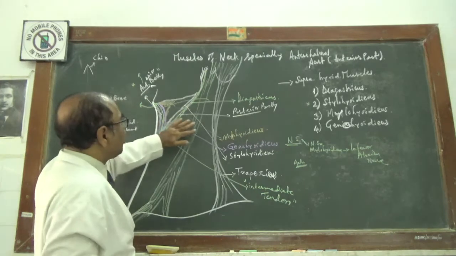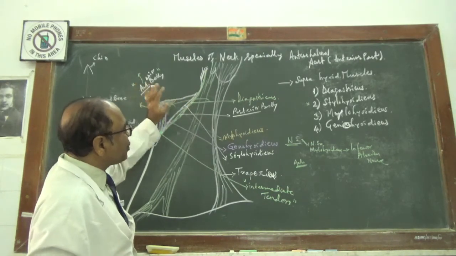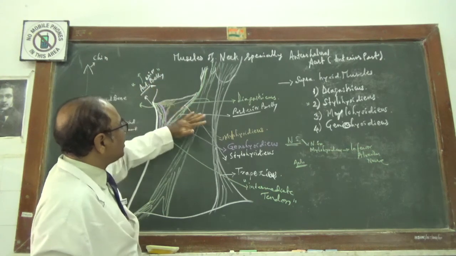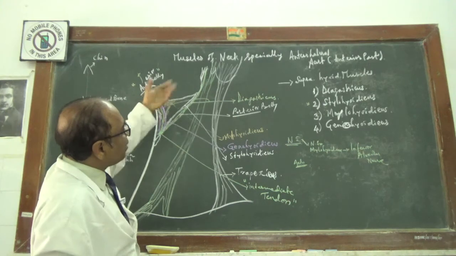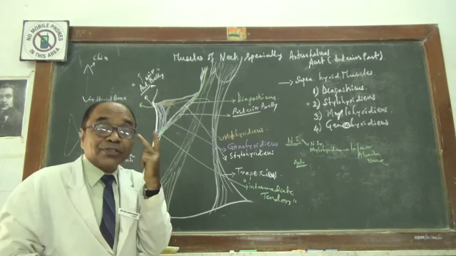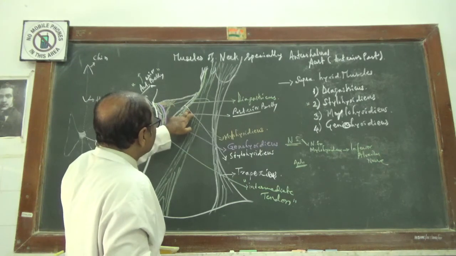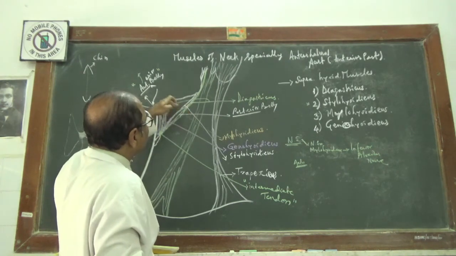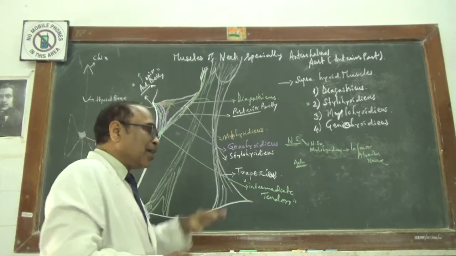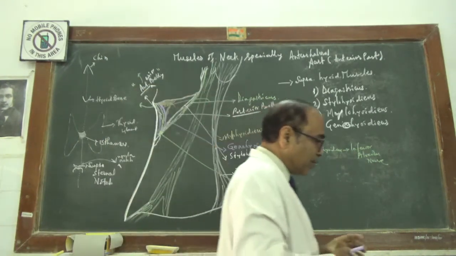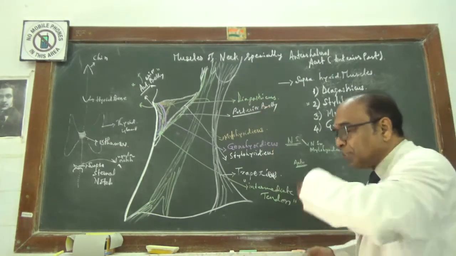Now the stylohyoid, superficially it is related to the skin, superficial fascia, deep fascia, and platysma. Deeply the stylohyoideus is related to the contents of partially the carotid triangle and partially the digastric triangle. Apart from that, there is one muscle, the stylopharyngeus muscle, deep to that.